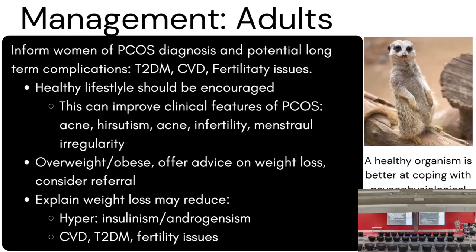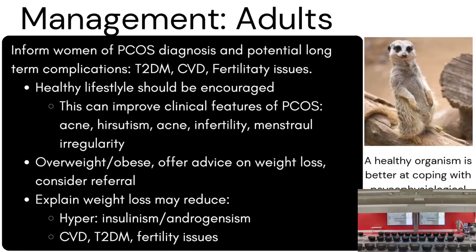But in terms of the diagnosis, rather the management of this, important things to do. So if we encounter a woman that has PCOS, it's important that we let them know what the potential long-term consequences of this are. So if hyperinsulinemia is not addressed, then this can potentially lead to things like type 2 diabetes mellitus.